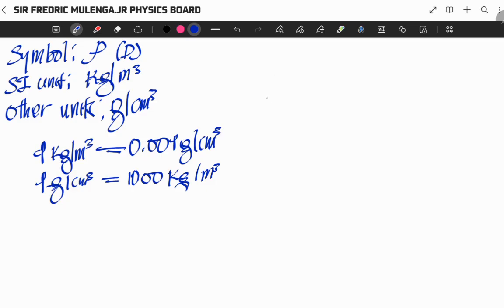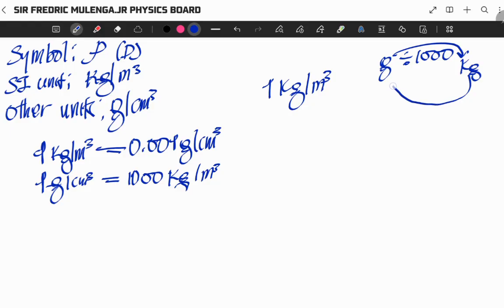If you have 1 kilogram per meter cubic, we know that when moving from grams to kg, you divide by the conversion factor 1000. When you have kgs and are converting them back to grams, you multiply by 1000.